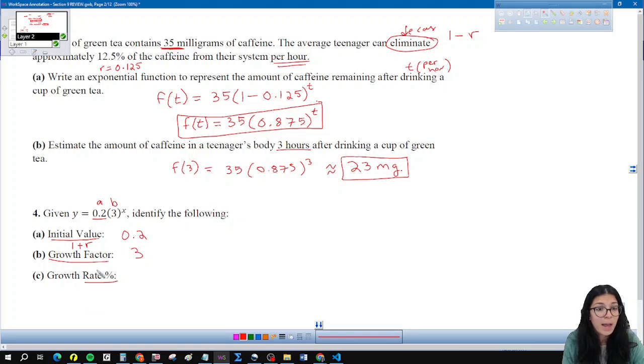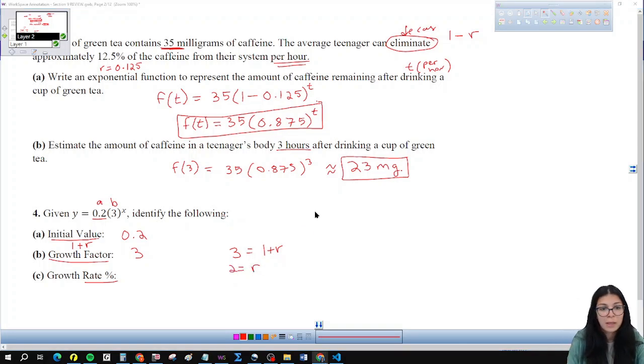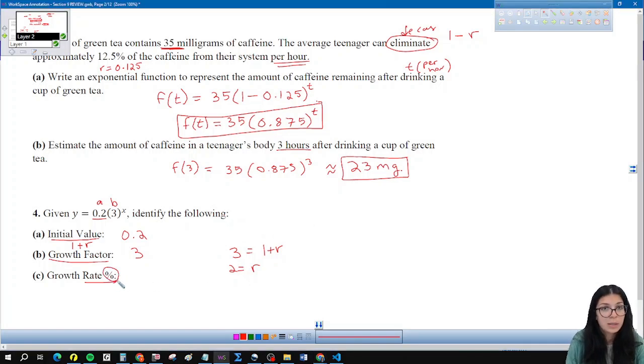So if the factor is 3, that means that 3 equals 1 plus the rate, which then, if I subtract 1, means that the rate is 2. So that would be the rate as a decimal. They want the rate here as a percentage. So if we move the decimal point twice to the right, it would be 200%.